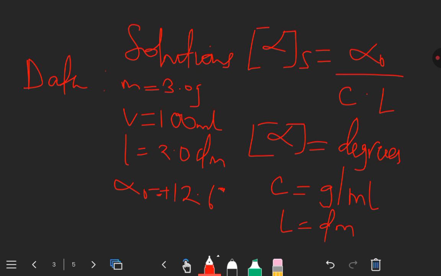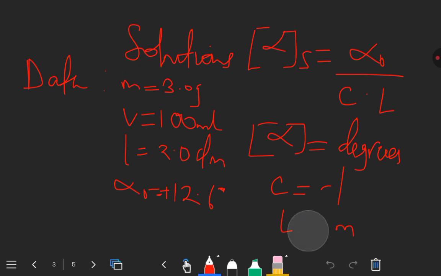As we can see here, we don't have the concentration, but we can calculate it from the parameters which have been given. Since it is in grams per mL, we're going to divide the mass by the volume to calculate the concentration.